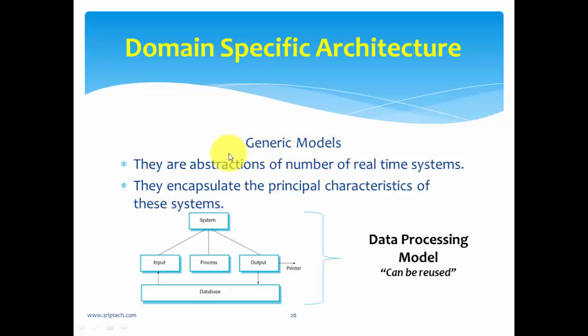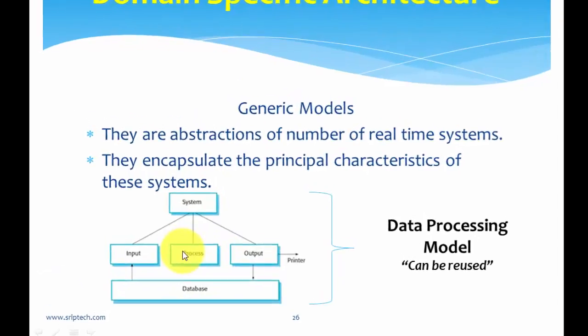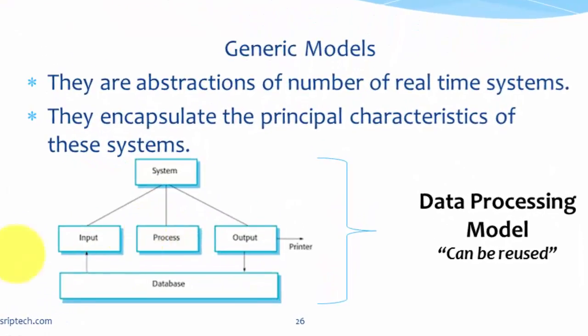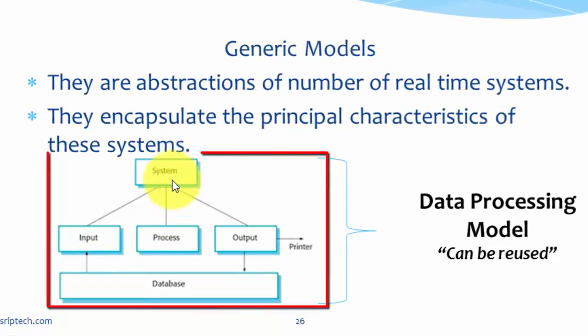That means it has come after multiple experiences. So here you have a system. A system consists of an input, a process and an output, and the input is talking to a database and the output is also talking to a database. The type of generic model we are going to discuss here is called a data processing model.